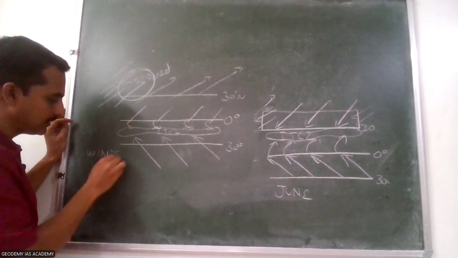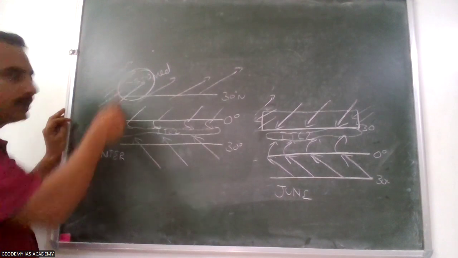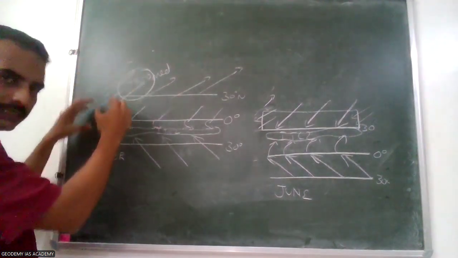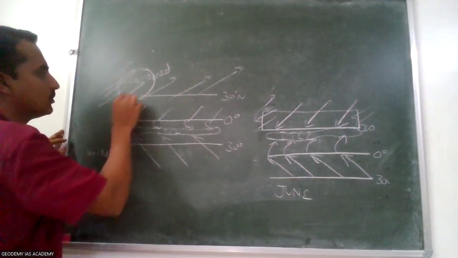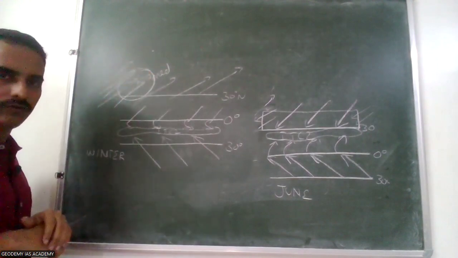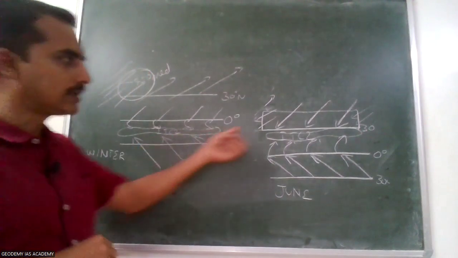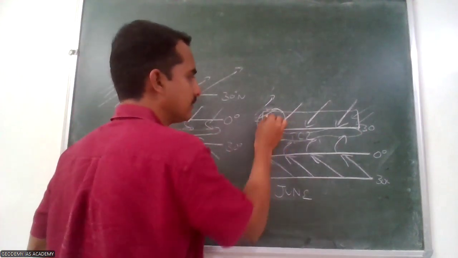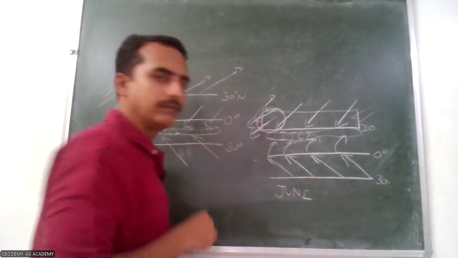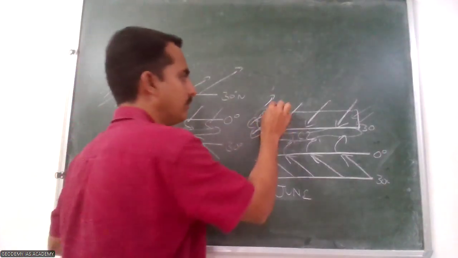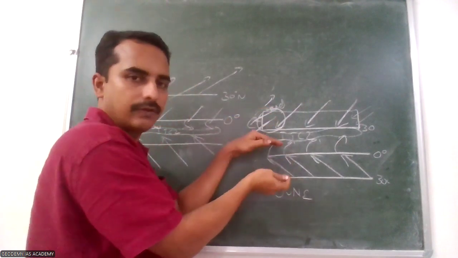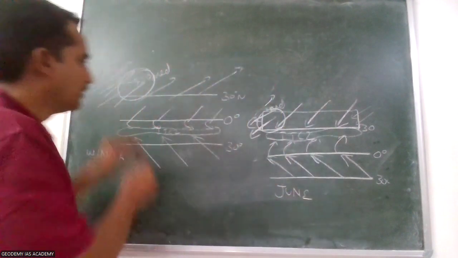So in the northern hemisphere, in the winter season, due to the shift in westerlies towards the south, the wind becomes onshore and the Mediterranean gets rainfall. That's why in summer the Mediterranean gets dry, no rainfall.